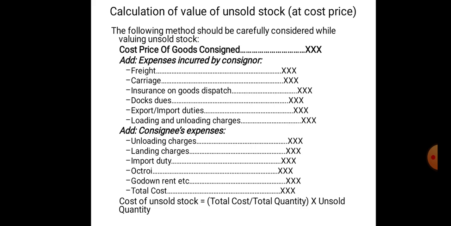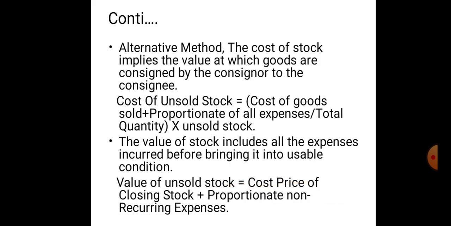So cost of the unsold stock is equal to total cost divided by total quantity, into unsold quantity. So this is how you will be calculating the value of unsold stock. One more alternative method: the cost of stock implies the value at which goods are consigned by the consignor to the consignee.